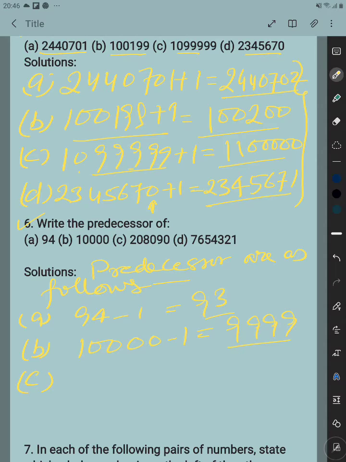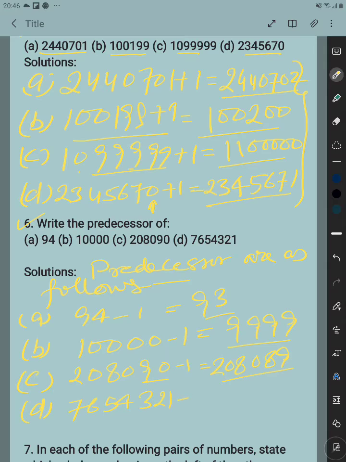Now the next number, 208090. If you subtract 1 from 90, you will get 89. So instead of 90 you will write 89, and that will be your answer. So this is a predecessor. And D part, 7654321.